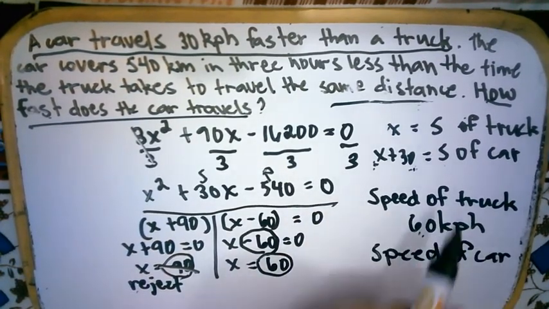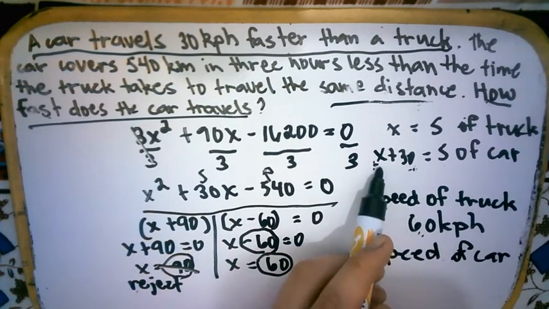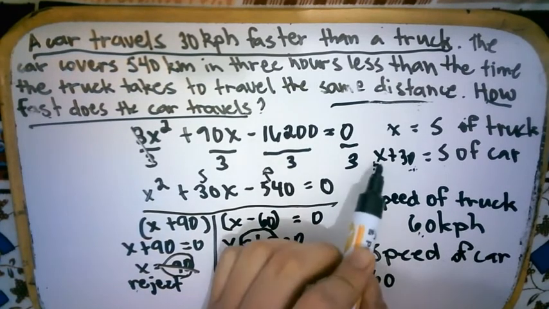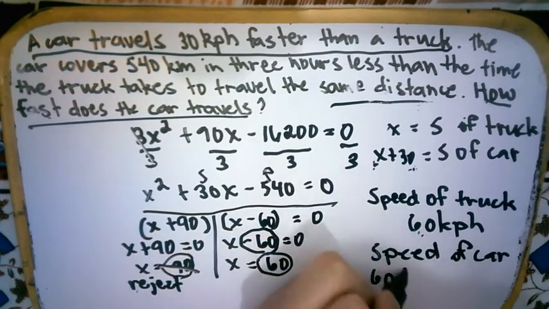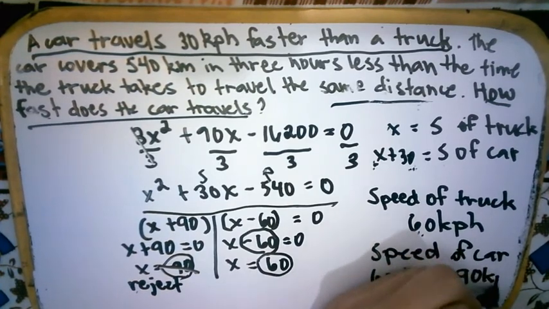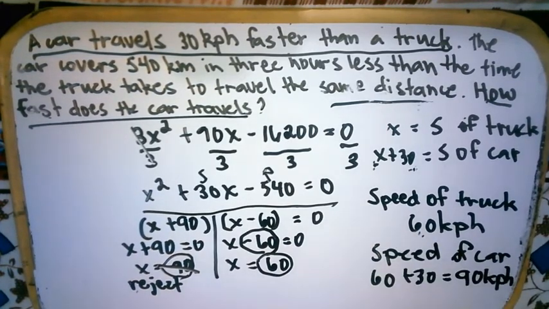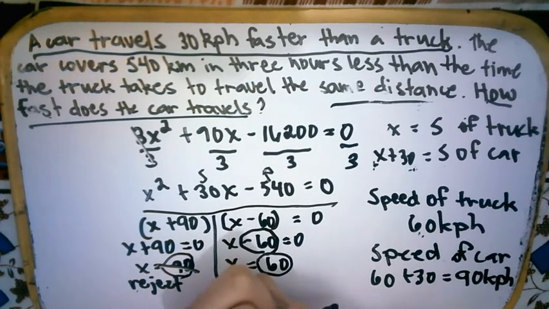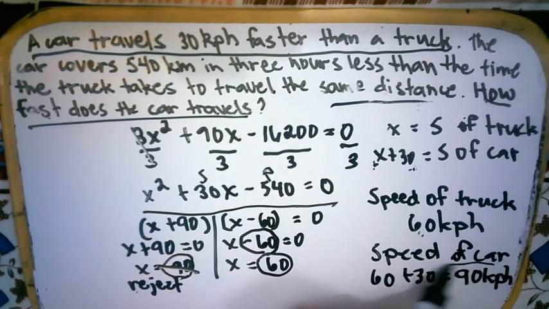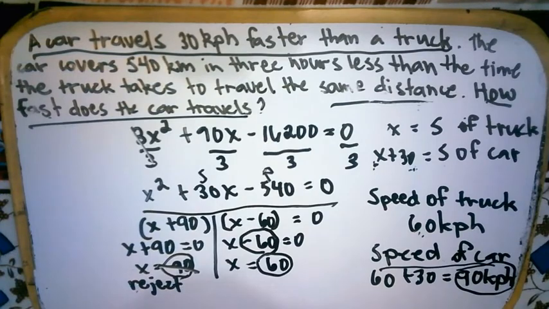Ang value ng x natin ay 60. So, we have here 60 for the value of x and then plus 30. So, that will be 90 kph or kilometers per hour. Therefore, the answer is 90 kilometers per hour. The speed of the car is 90 kph. So that is our answer.